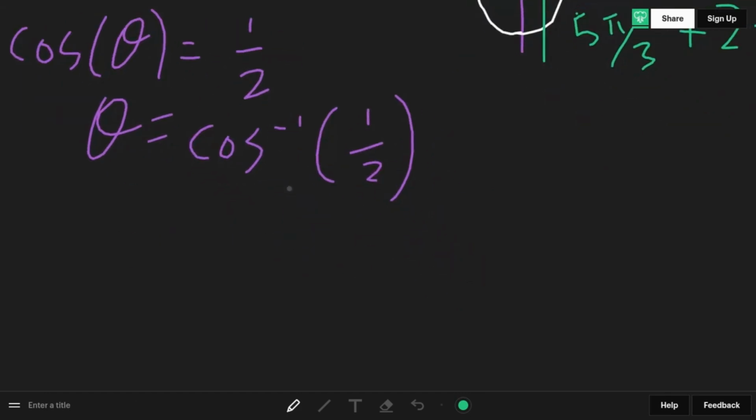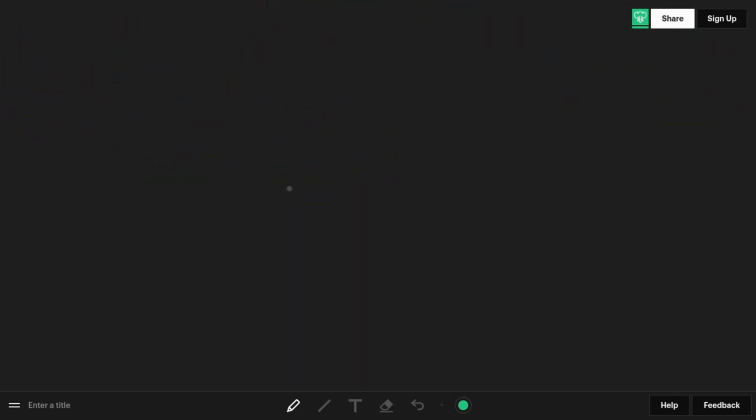Also, another thing to know is, for the inverse of these, what quadrants is the graph of the inverse sine or the inverse cosine in? Because when you're solving, sometimes you're going to have a limited domain from 0 to 2 pi. If it just gives you inverse sine of something, then you're going to have a limited domain.